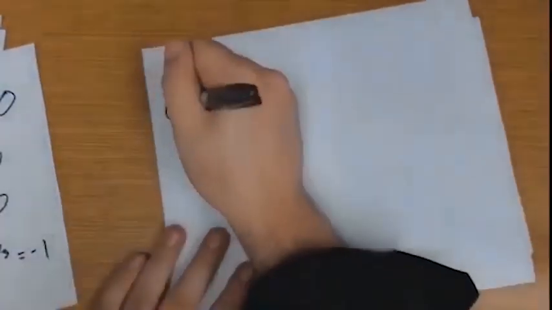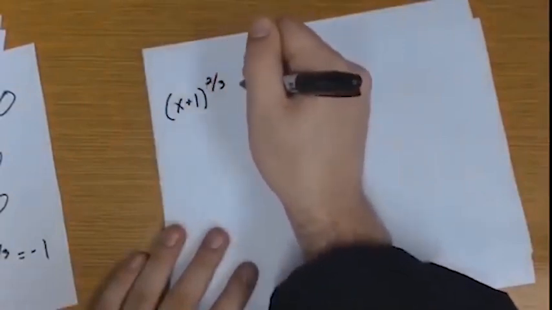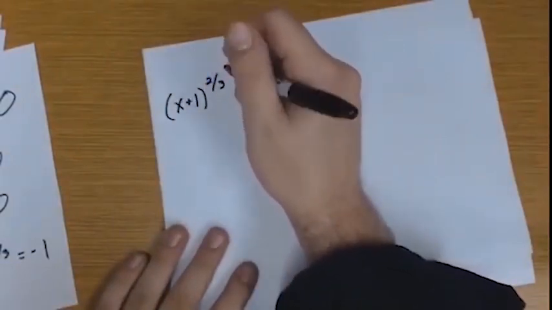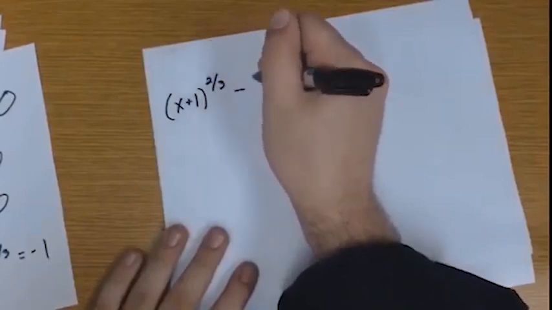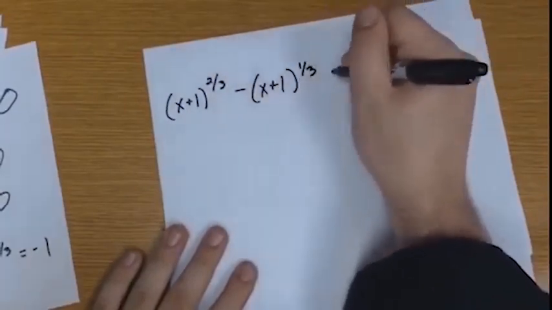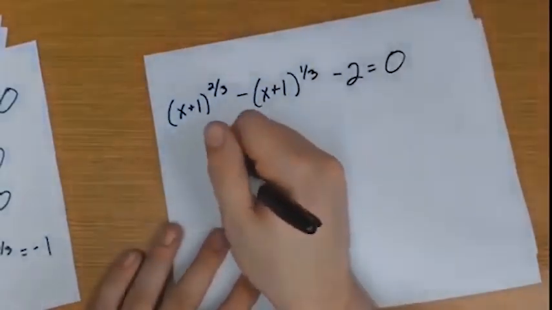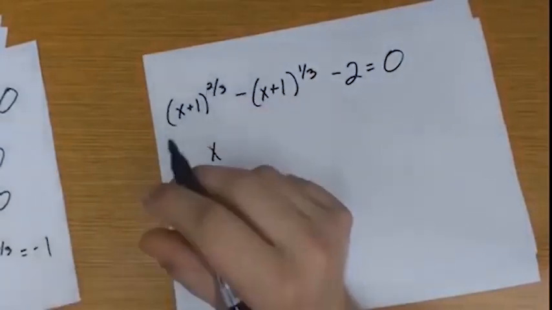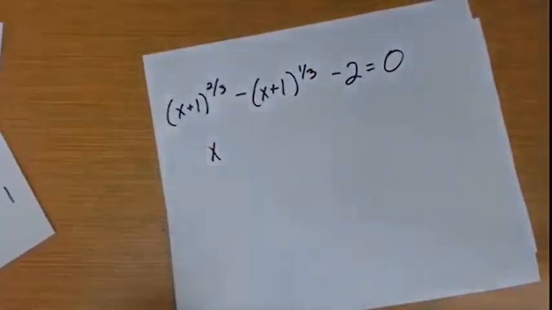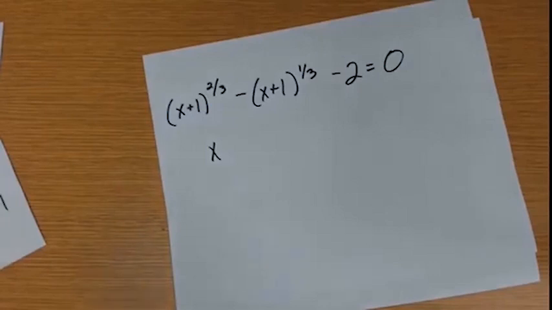The original was x plus 1 to the 2/3 minus x plus 1 to the 1/3 minus 2 equals 0. Okay, let's check. X equals 7 again.